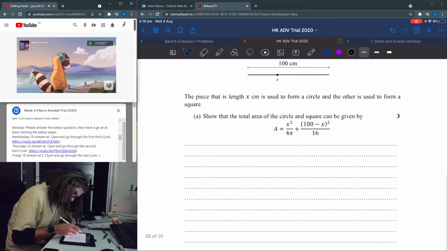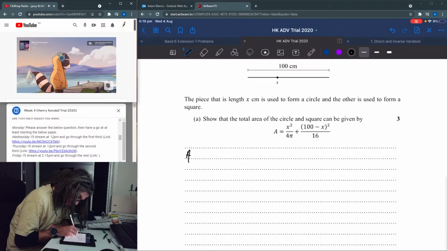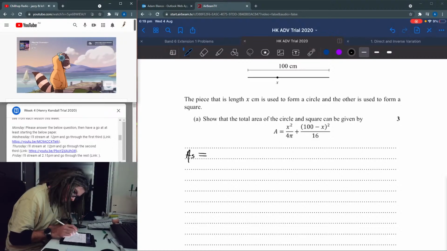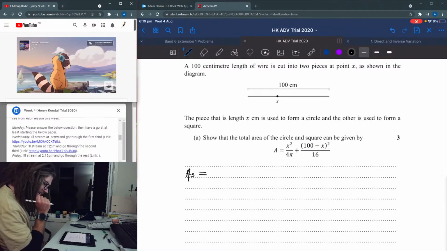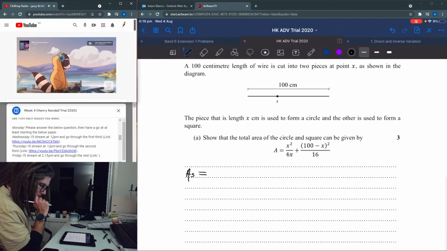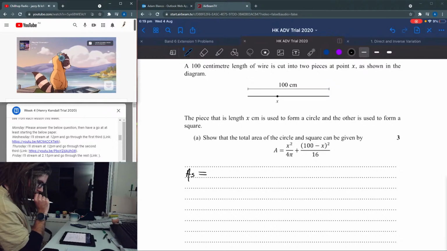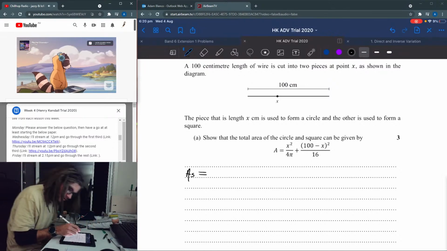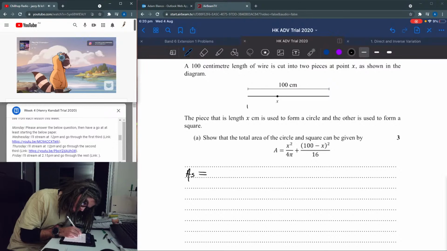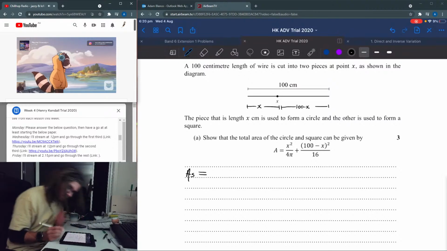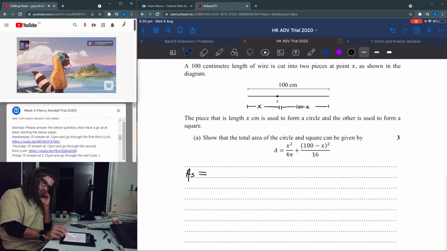Okay. Let's go with the square first. So the area of the square is going to be equal to... show the area of the circle and square can be given by... a piece that is length X is cut into 2 pieces at point X. Okay, so that means the piece that is length X is used to, okay, so this is length X. And this is length 100 minus X. Oh, okay, I was getting heaps confused then.